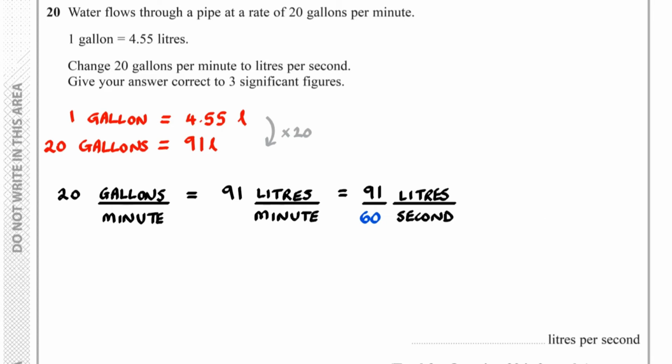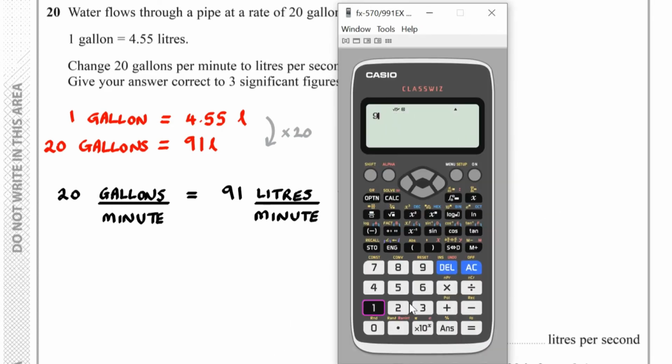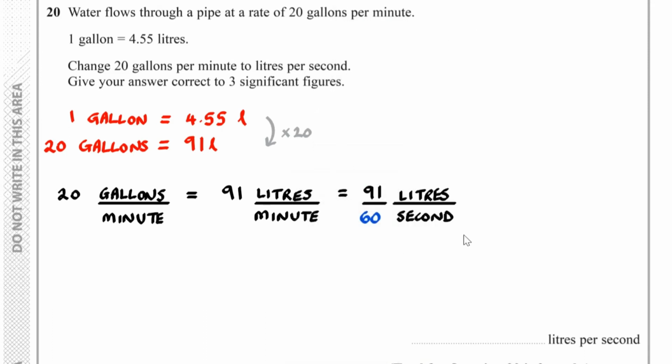And if I work this out, 91 divided by 60 is 1.52. So we have 1.52 litres per second.